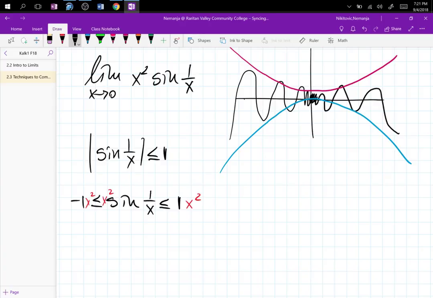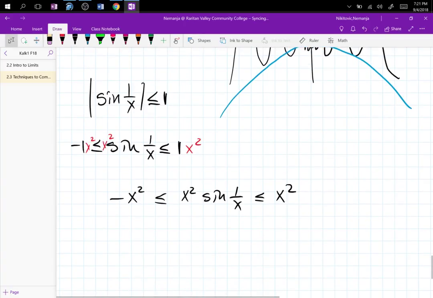What we get is -x squared less than or equal to x squared sine 1 over x, less than or equal to x squared. There's your -x squared, there's your sine function, and there's your +x squared.